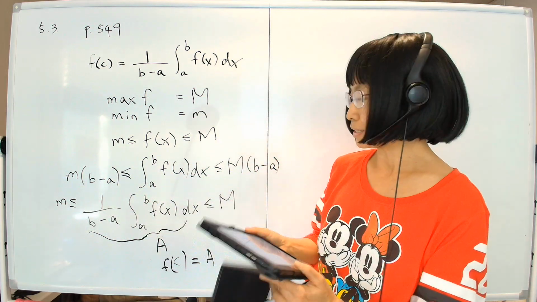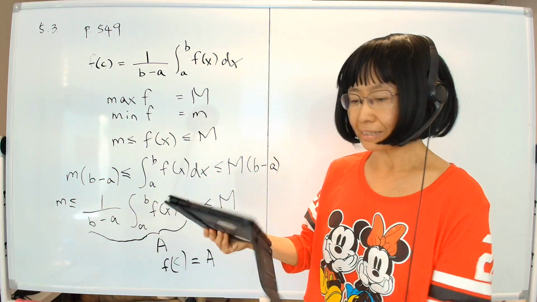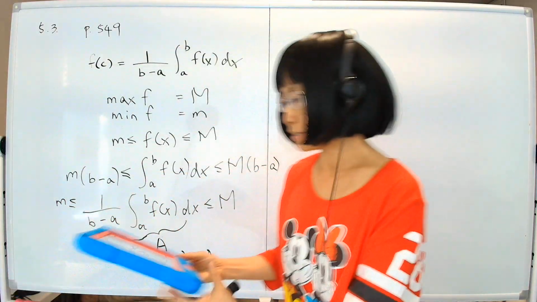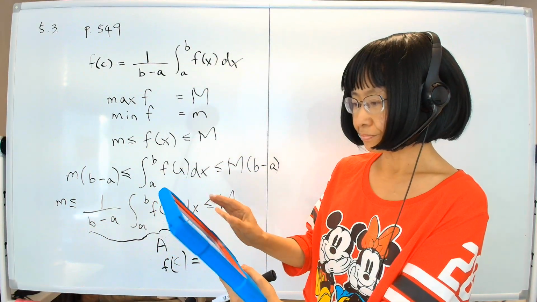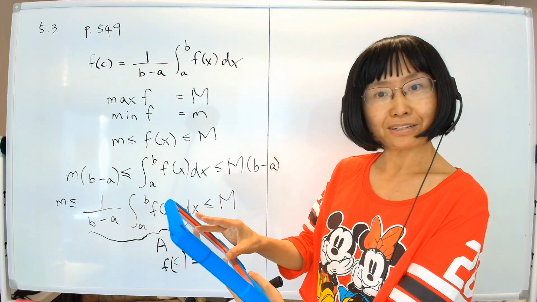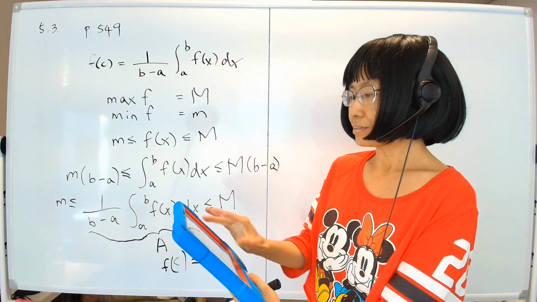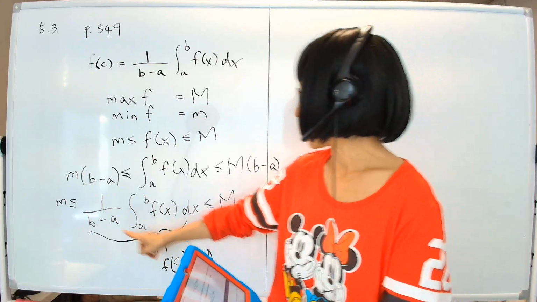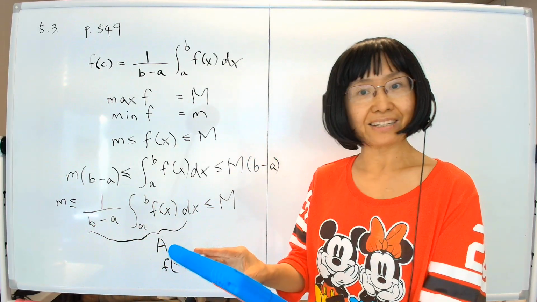And at this point we have finished proving what we set out to prove, which is the mean value theorem for integrals. So there exists a point which equals this average, and that is the end of the proof.